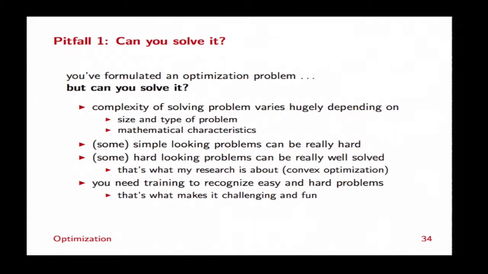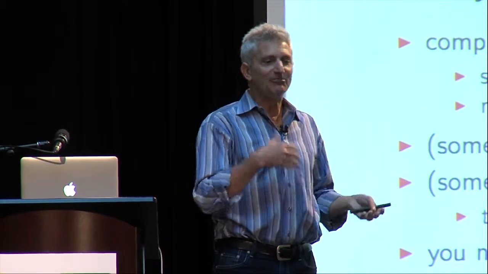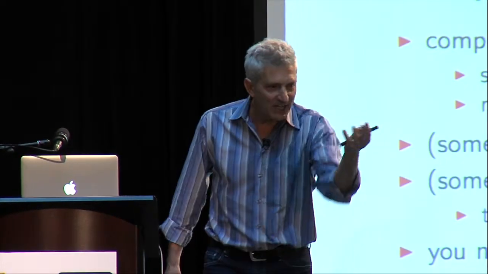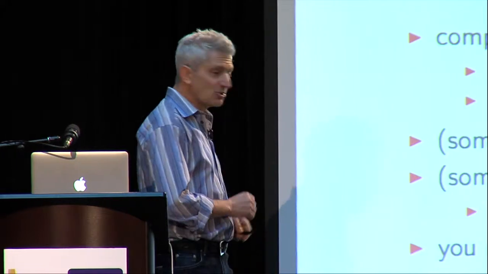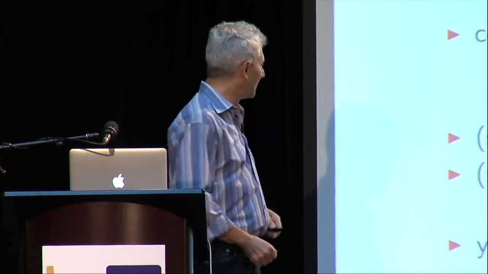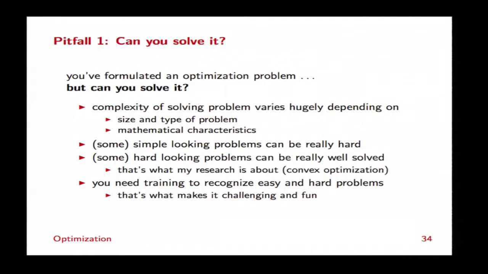Conversely, you have some super hard-looking problems, like generator dispatch, where it's all coupled together, and if you use some of the transmission line, then you can't, and all this crazy stuff. Those are actually extremely easy to solve. These things are not obvious, and that's what I'll be talking about tomorrow.